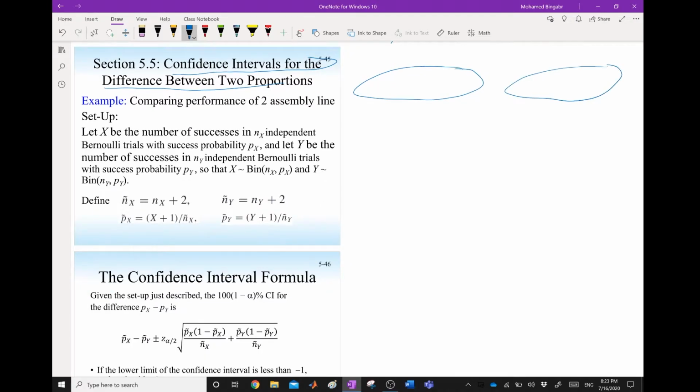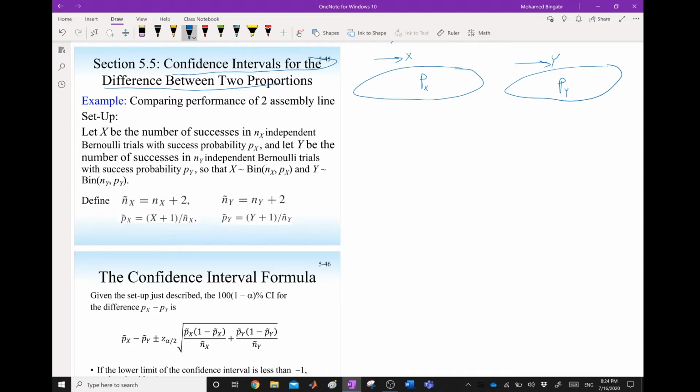So we may have procedure X or algorithm X and Y, and we are interested in comparing the proportion of X and the proportion of Y. For example, we may transmit bits or packets, and I want to compare this method X, the proportion of successful arrival, versus this method Y. So how do I compare the difference so I decide which algorithm or which procedure I go with or which assembly line is better?